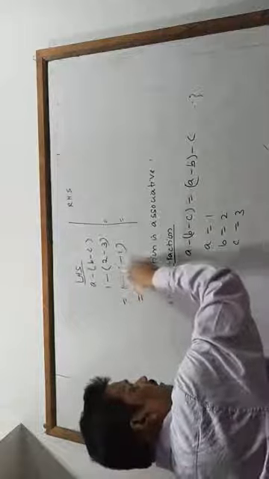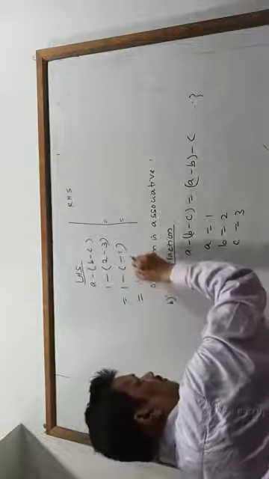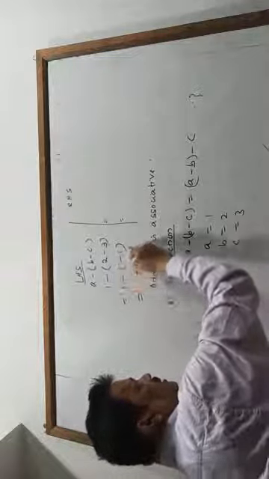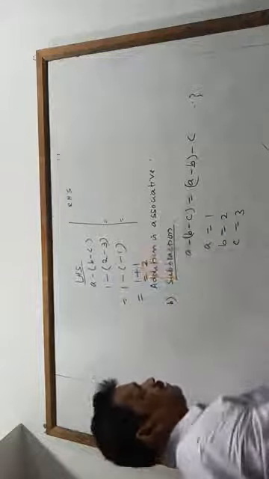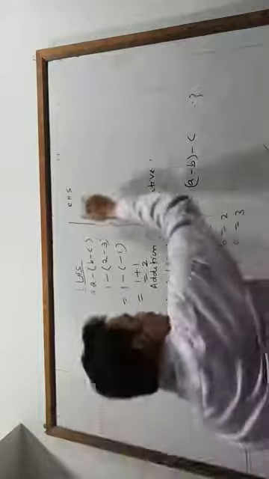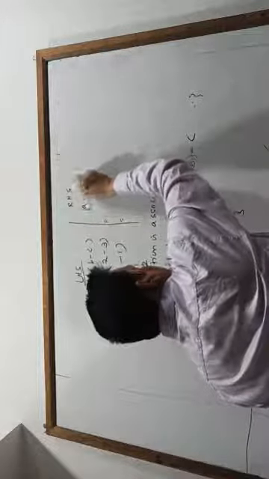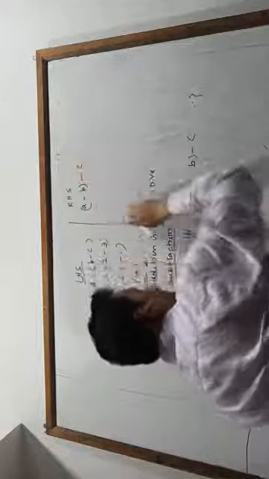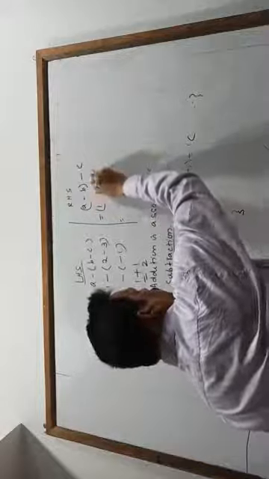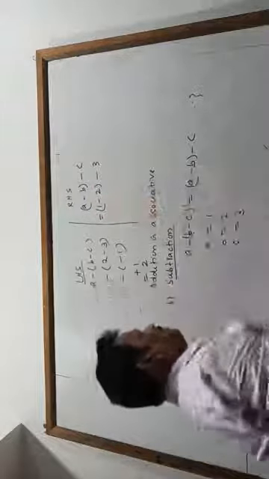That is 1 minus minus 1, so plus 1, that is 2. Because minus into minus is plus. Left hand side you got 2. What is right hand side? A minus B minus C. Put the values: 1 minus 2 minus 3. What is 1 minus 2?